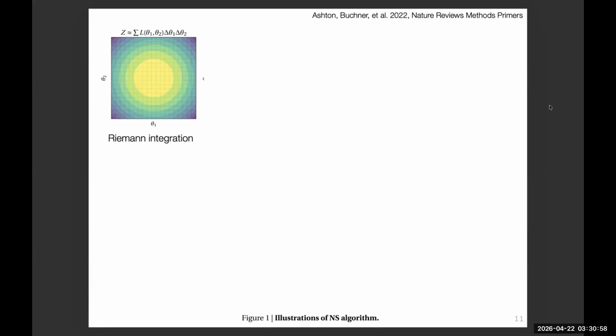The contours here, the colors, are giving an example of what a probability distribution, the posterior, would look like. But just imagine any shape there, and what I'm going to describe doesn't depend on the very nice circles.